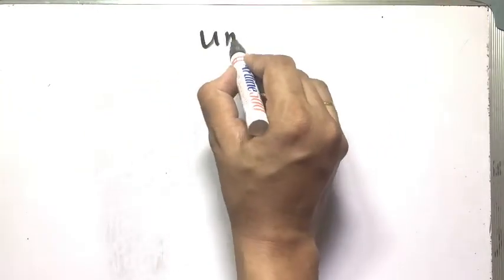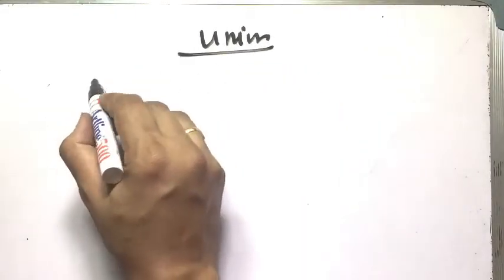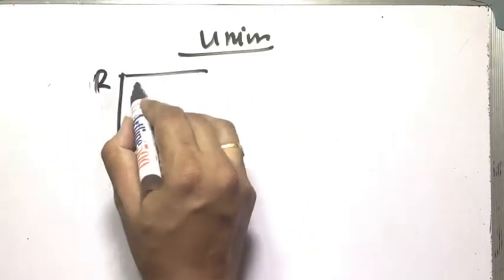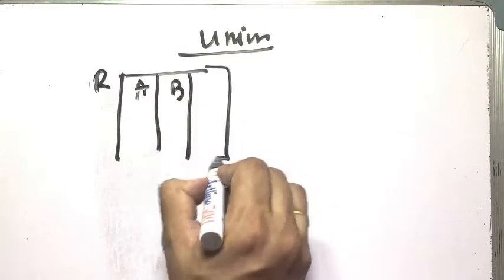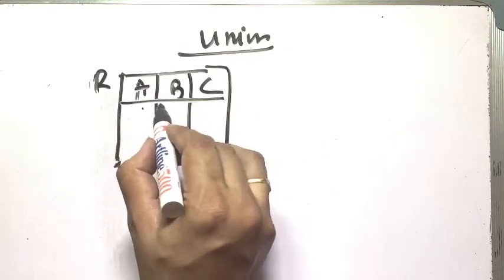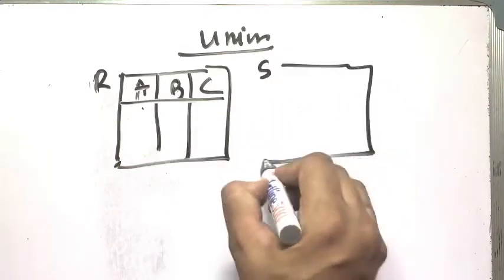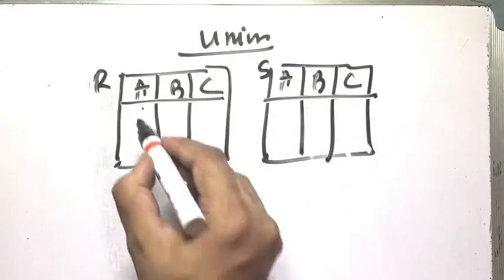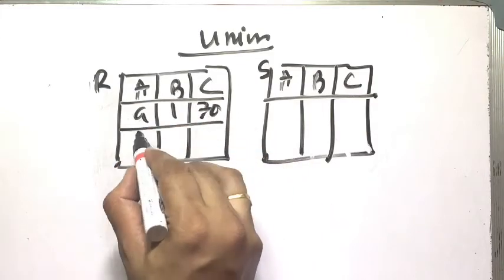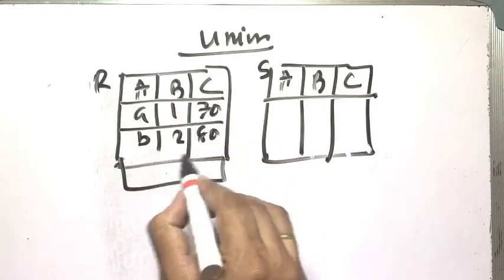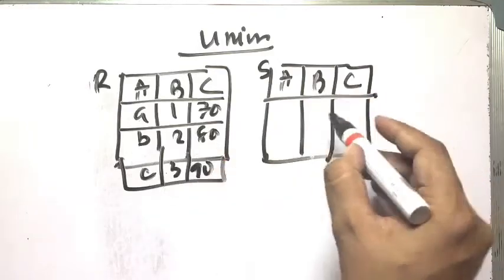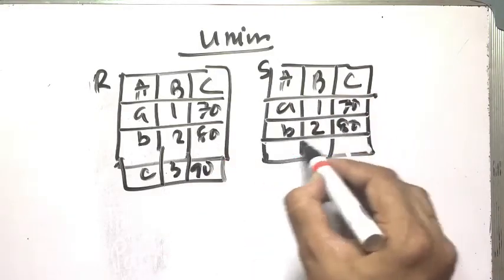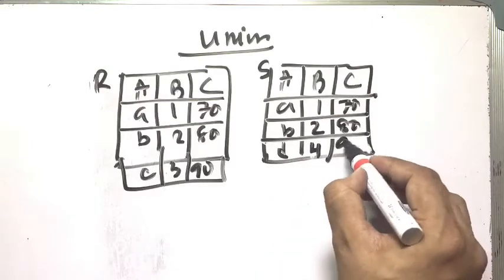Let us consider an example. Suppose table R consists of A, B and C, and S consists of the same set of attributes, A, B, C. Now R consists of A 170, B 280, C 390, and S consists of A 170, B 280 and D 492.